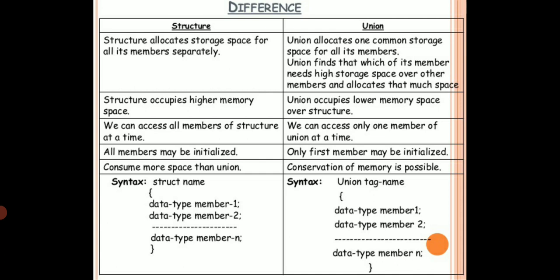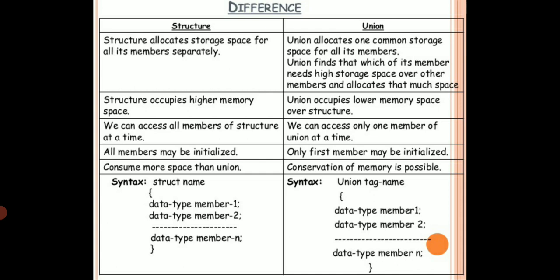The second point: a structure occupies higher memory space, but a union occupies lower memory space than the structure. The third point: we can access all members of a structure at a time, but in a union we can access only one member at a time.